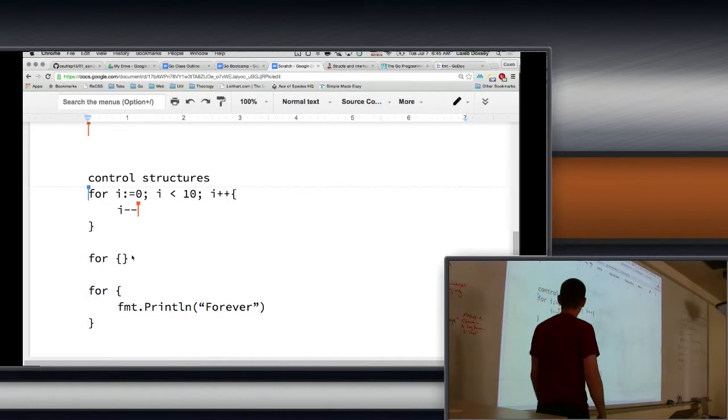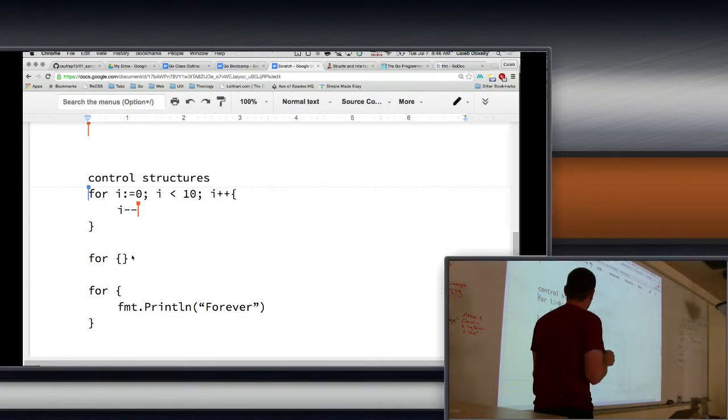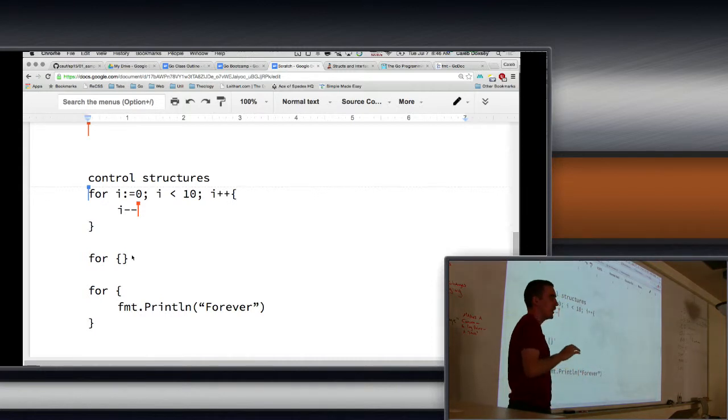Yeah, I'm looking at it. I got it. So the point is that this code runs 10 times from 0 to 9. Okay? Not from 0 to 10, from 0 to 9. That's one of the most common mistakes in programming, and you will find it all over the place. It's the root of so many bugs: off by 1 errors.